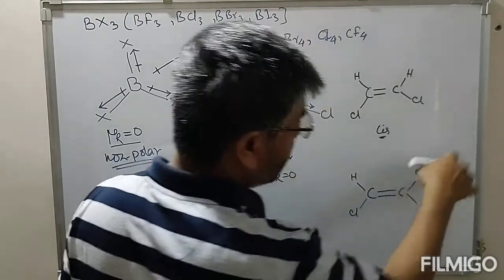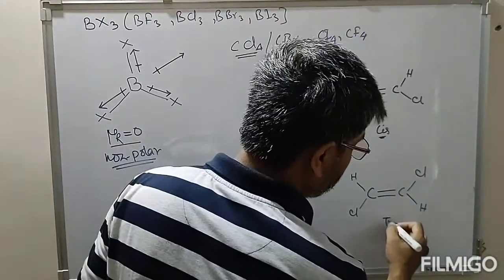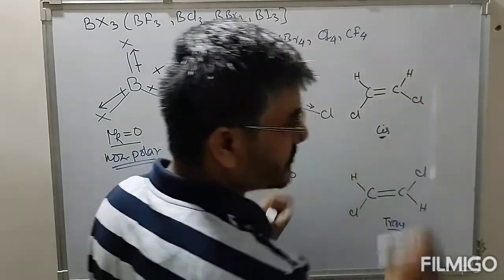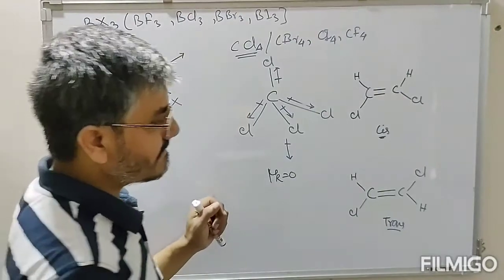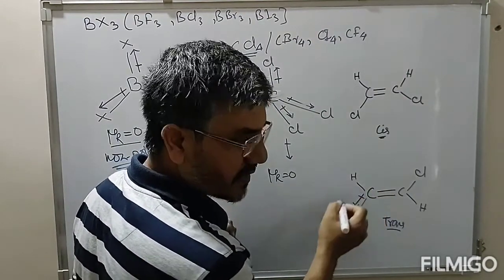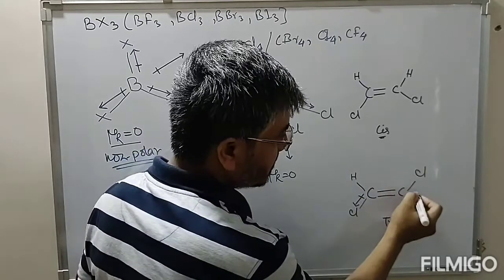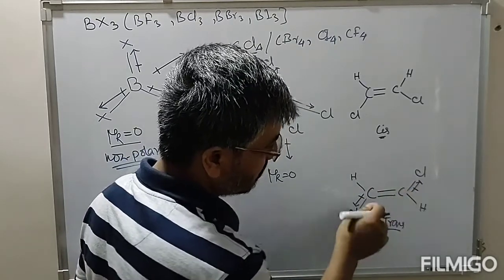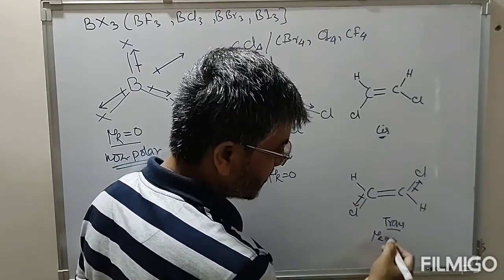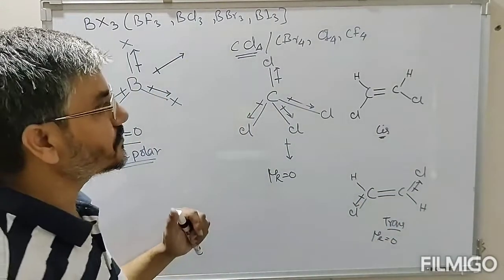Identical groups on the opposite side of the double bond, we say this is the trans isomer. Trans means opposite side, cis means same side. Now if you look at this, carbon halogen, obviously halogen is more electronegative than carbon, so we have this dipole. Take this carbon halogen. Now these 2 dipoles are in opposite direction, so they will cancel, so the resultant comes out to be 0.